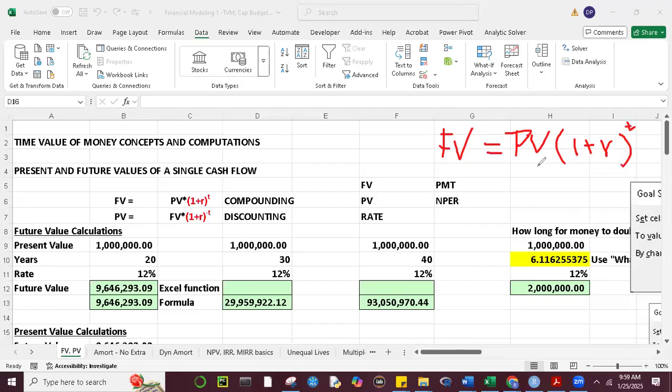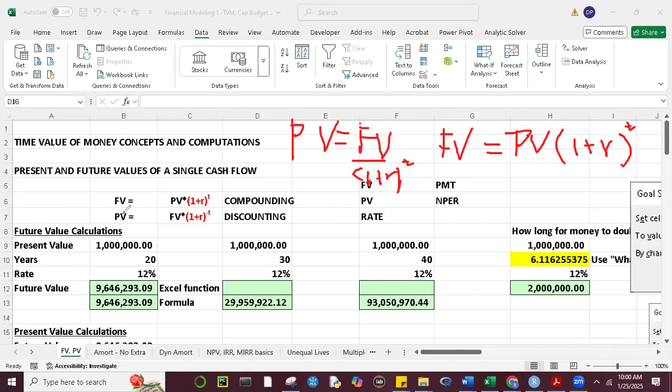To get your present value, you just have to transpose this. So PV is equal to FV divided by (1 plus r) raised to the t, or it can be written as FV times (1 plus r) raised to the negative t. That's why you have a negative here.